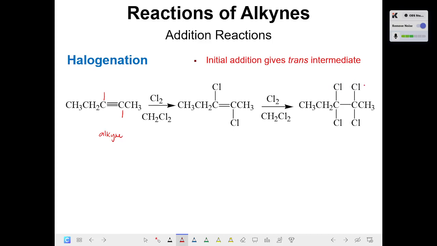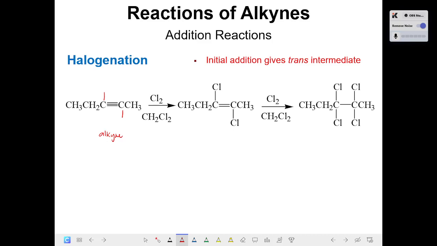So, makakaproduce tayo ng tetrachloride. Yan. Okay? So, tetrachloride yung ating ma-form dito. So, from an alkyne, naging alkene, naging alkane. Actually, this is specifically an alkyl halide na. So, alkyl halide siya kasi we have a substituent that is halogen.